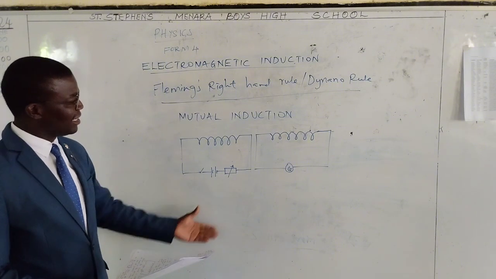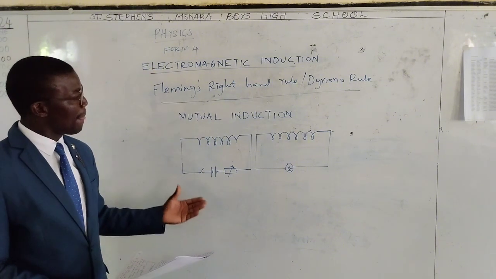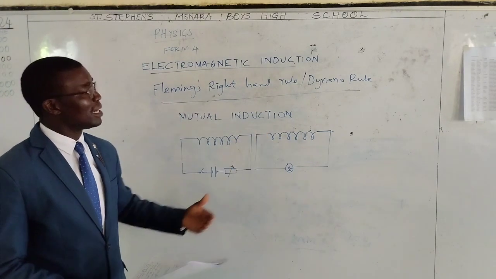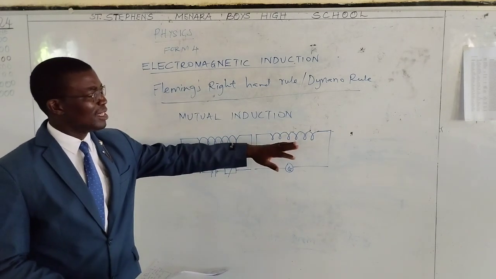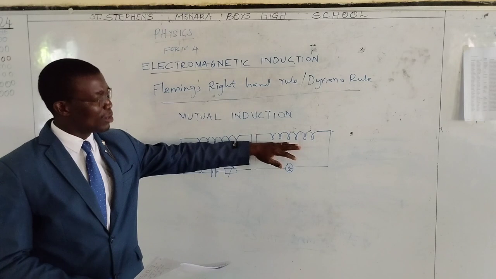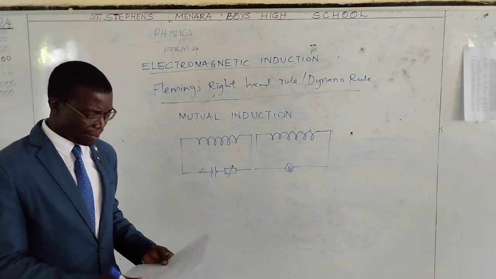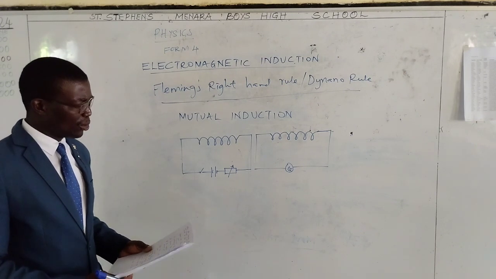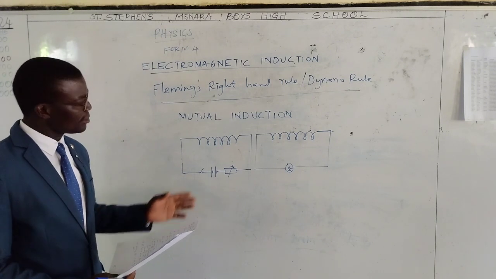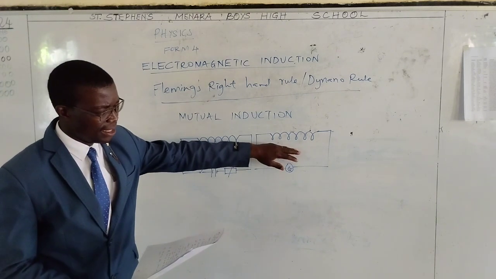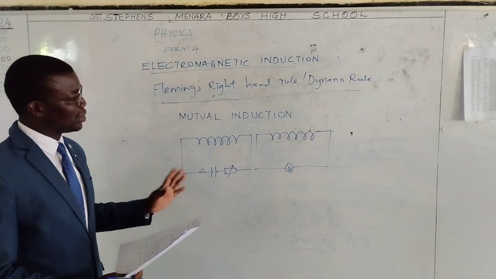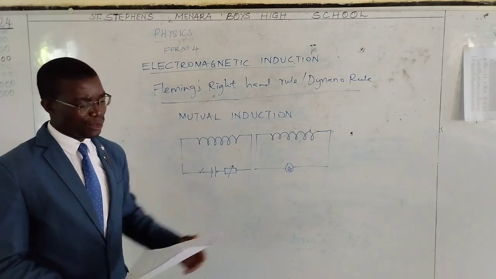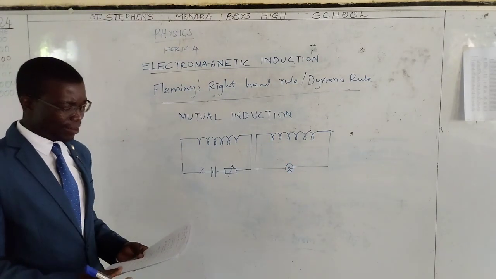That increase in magnetic flux or field will cause induced EMF in the secondary coil. This concept is used in the transformers, both step-up and step-down transformers. So when the magnetic flux linking with the secondary coil changes, an EMF is induced in this secondary coil, causing a current flow in the same coil and therefore deflection of the galvanometer.